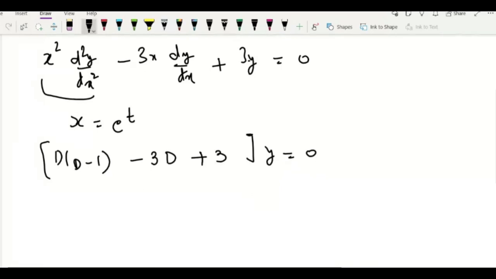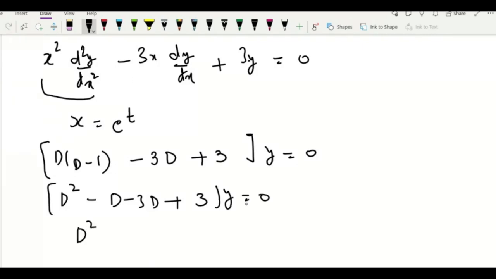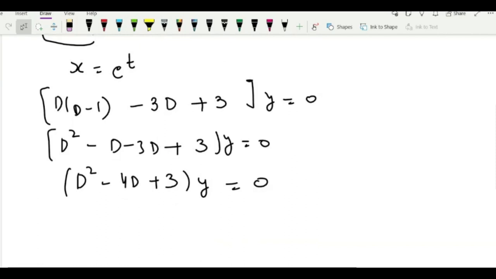So we get D square minus D minus 3D plus 3, y is equal to 0. So our symbolic form becomes D square minus 4D plus 3, into y is equal to 0. Writing the auxiliary equation, we just substitute D is equal to m: m square minus 4m plus 3 is equal to 0.